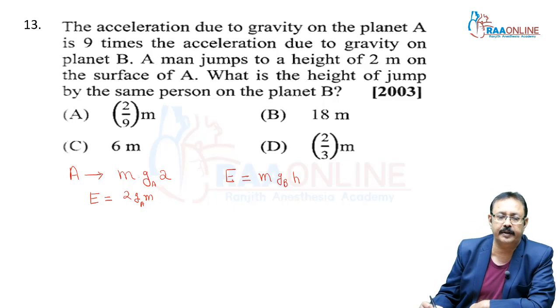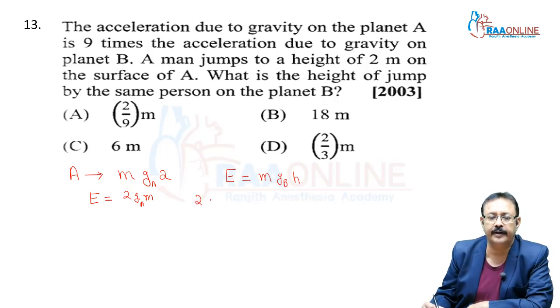You use the same E, so we are writing here 2 g_A m, the same energy you used there, equals m g_B into h. Cancel m with m.